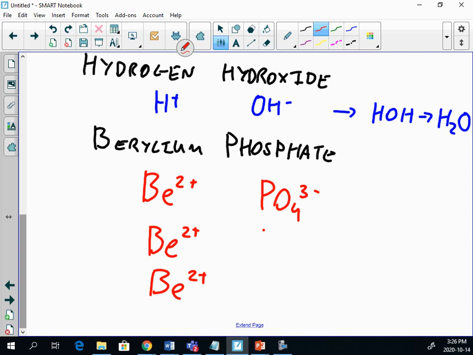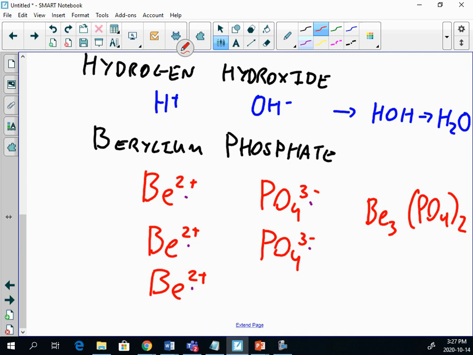And double up on our phosphate. In that case, I've got 2, 2, and 2, a total of 6+ from my berylliums, and -3 and -3, a total of 6- from my phosphates. So altogether, I have Be3(PO4)2. Lovely bit of a mess there.